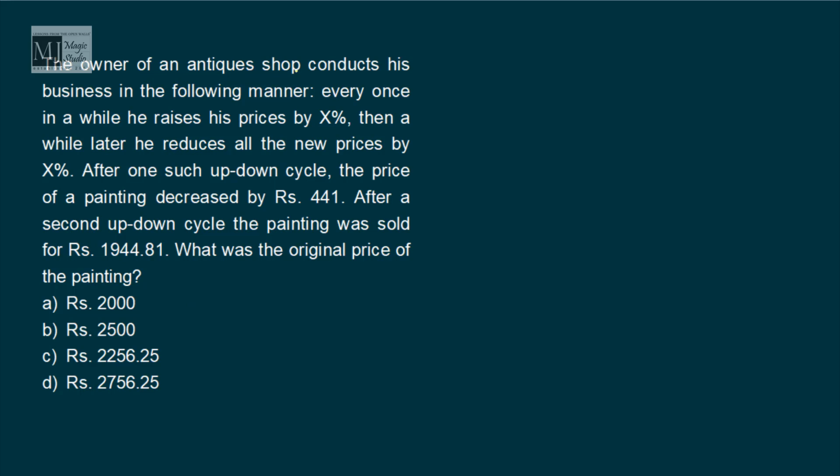The owner of an antique shop conducts his business in the following manner. Every once in a while he raises his price by X%, and then a while later he reduces all the new prices by X%. Okay, let the original price be P. Then what will be the price after one such up-down cycle?